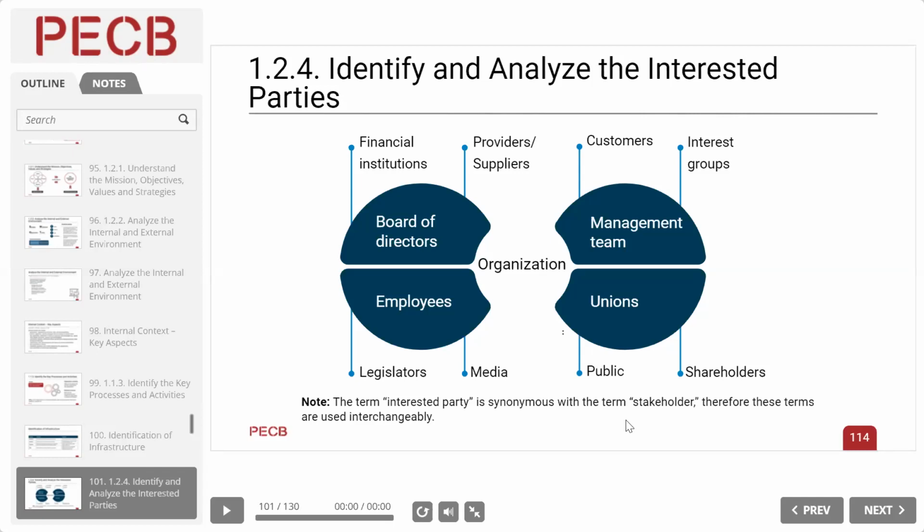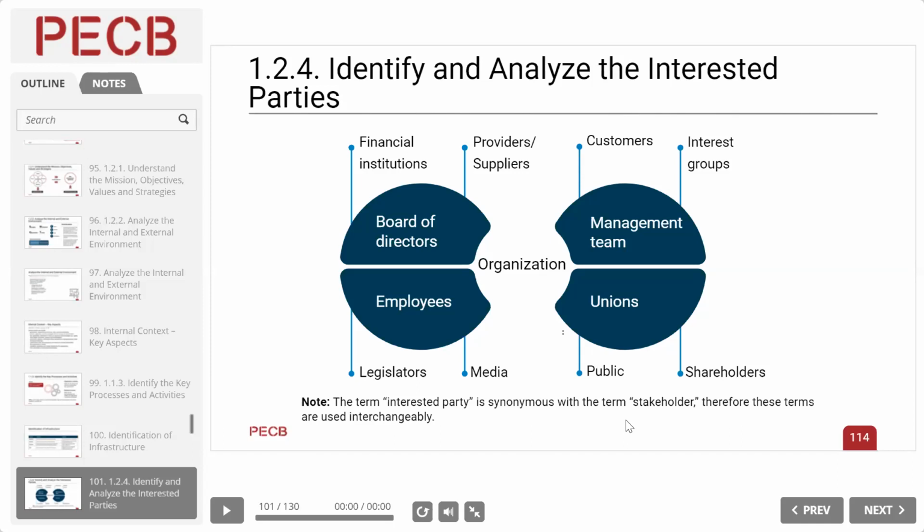The messaging we send should definitely not be the same for each interested party. Depending on their interests and expectations, you will tailor the message accordingly. That's how important interested parties are.